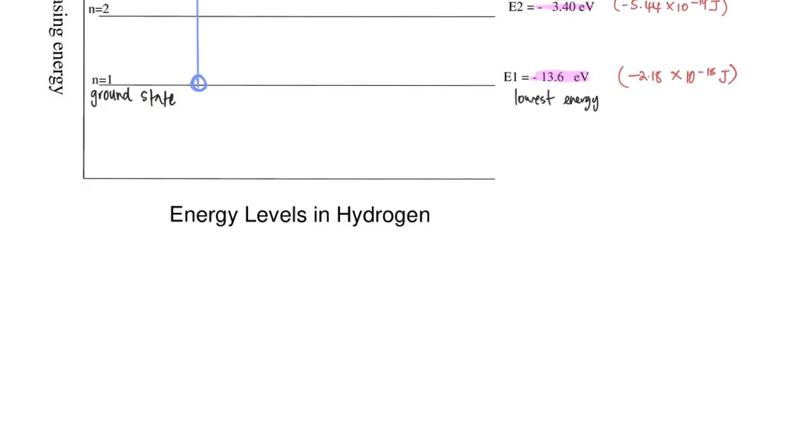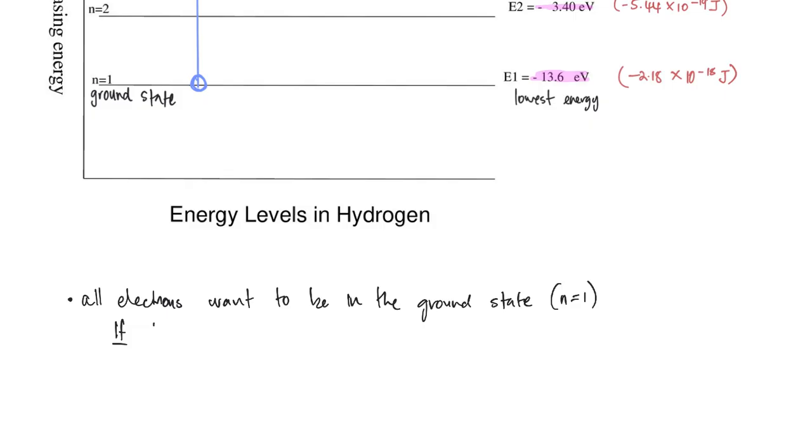The first thing that we need to note down is that all electrons want to be in the ground state. The goal is to get back there, n is equal to 1, right? If under the conditions they have not been ionized. So it's preferable to stay in the first level.